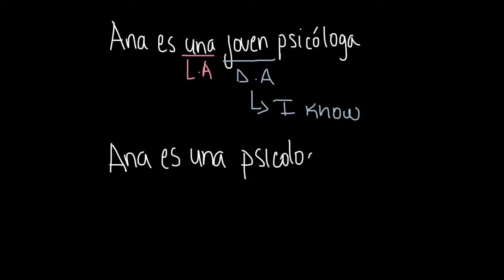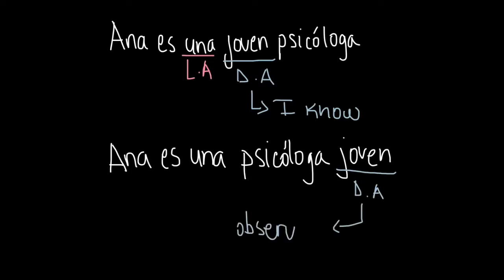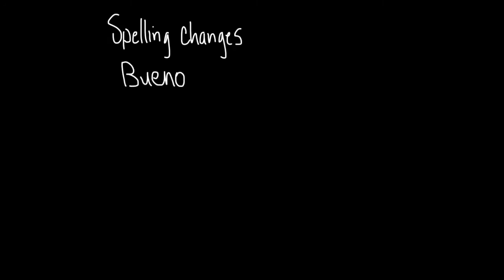But if I place the descriptive adjective after the noun, in Ana es una psicóloga joven, what I'm saying is that she is young looking, not necessarily that she is young. So in Spanish, there are certain adjectives that have a spelling change based on where they are located in the sentence.